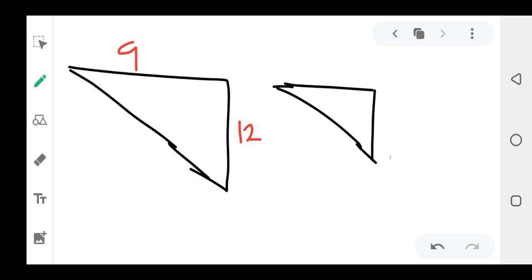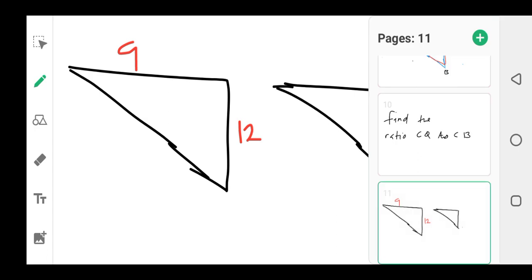And then we are looking at the distance CQ. For the smaller triangle, what do we have? Wait first.